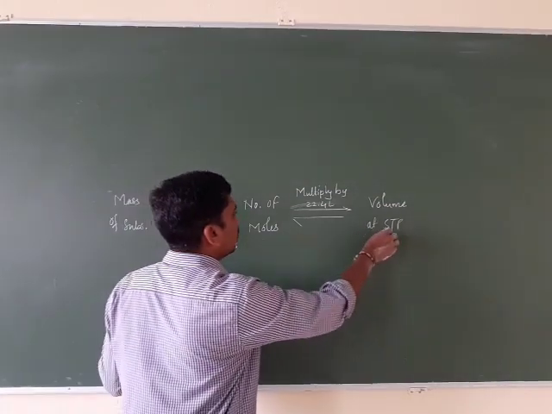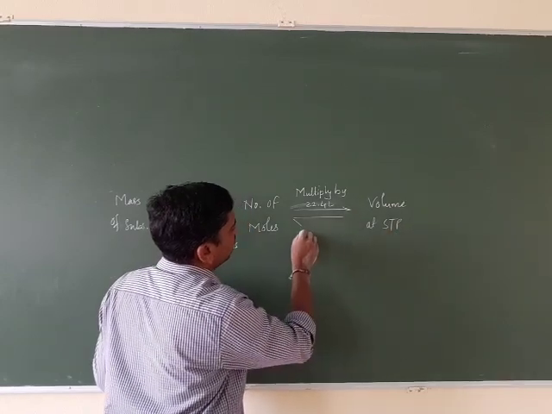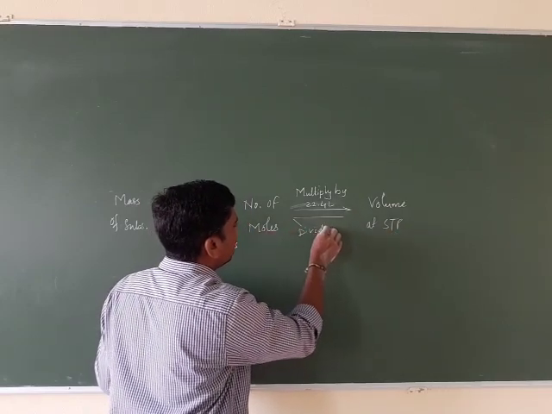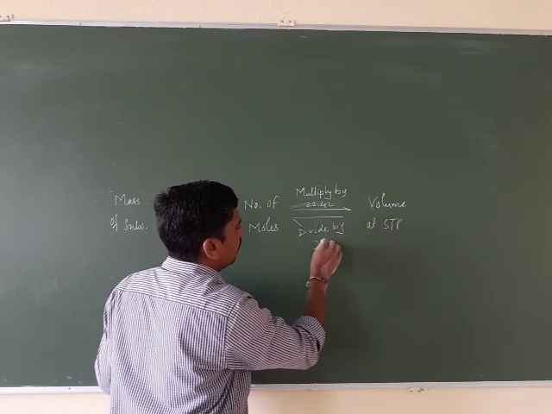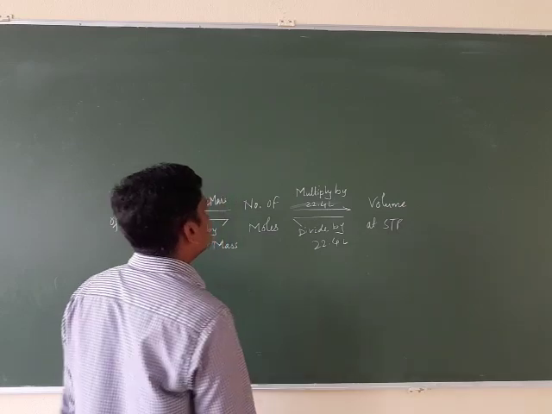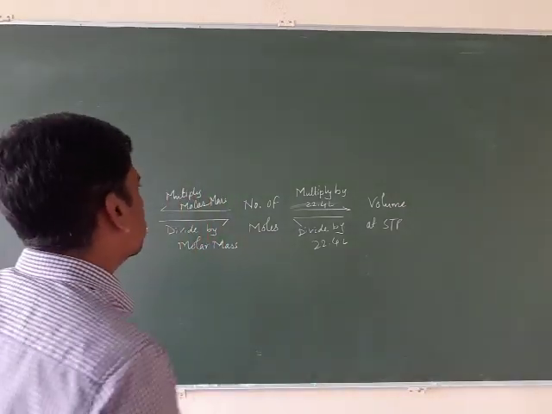Otherwise, if you have a volume at STP, then convert it into number of moles by dividing by 22.4 liter. So they can be converted into one another.